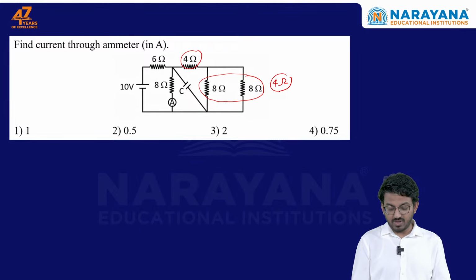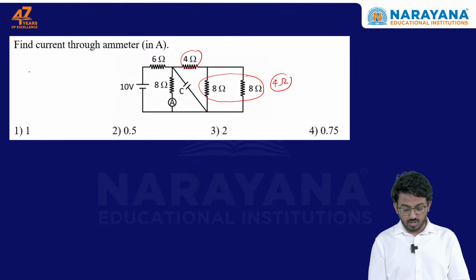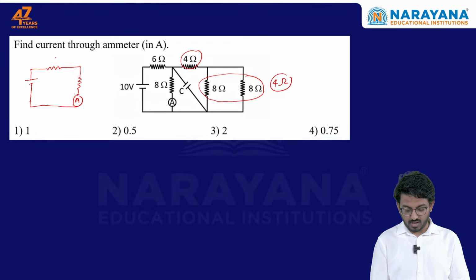So, this circuit can be slightly modified into this form. So, this is what we have: 6 ohm, 10 volt, 8 ohm, and the remaining resultant being 8 ohm here with a capacitor in between.